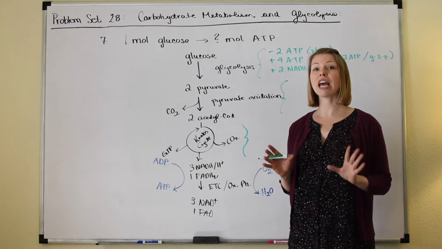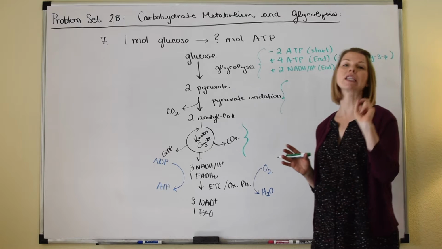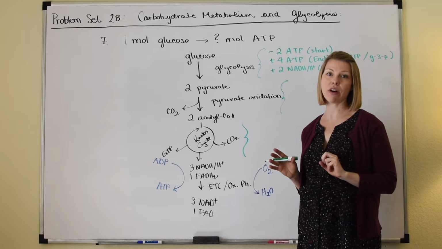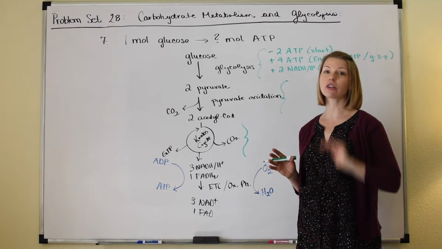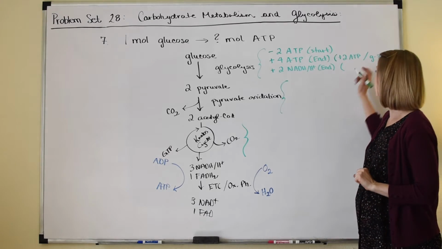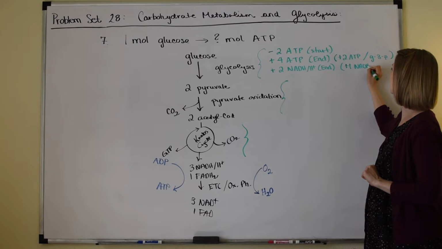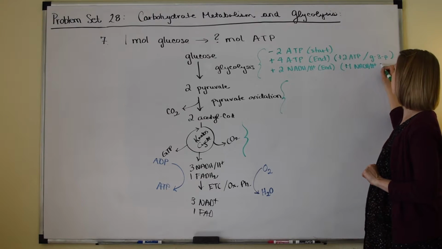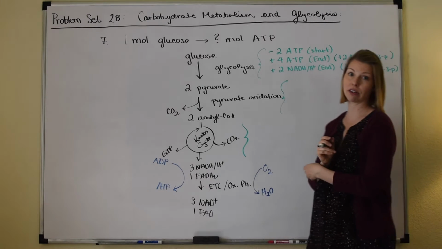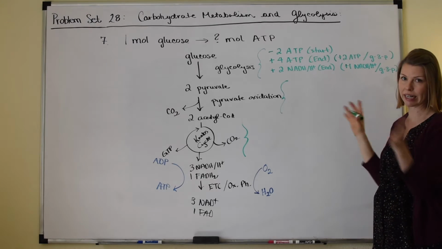Remember that steps 6 through 10 happen twice because 1 glucose makes 2 3-carbon molecules of D-glyceraldehyde 3-phosphate, and each of those undergoes steps 6 through 10 separately to make pyruvate. Okay, so I'm going to write here +1 NADH H+ per G3P, per D-glyceraldehyde 3-phosphate.